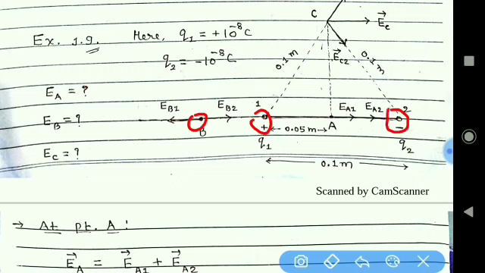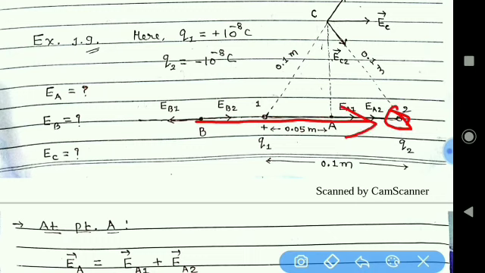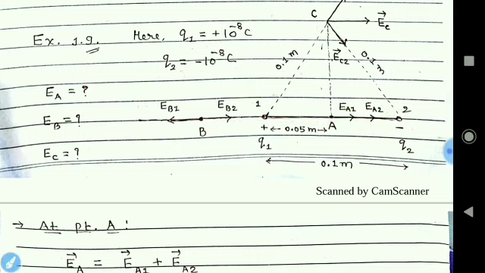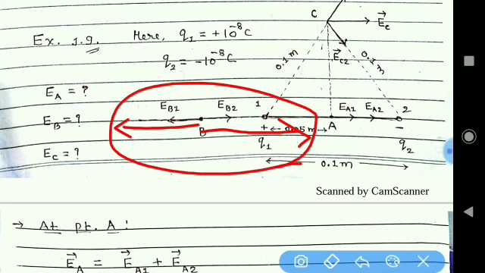But the electric field due to this charge, that is Q1, is in this direction because it is positive charge. So electric field will be moving away, while due to negative charge the electric field will be towards this charge. And so as one electric field is in this direction and the other electric field is in this direction, that means the direction is opposite, so resultant electric field will be difference of both.